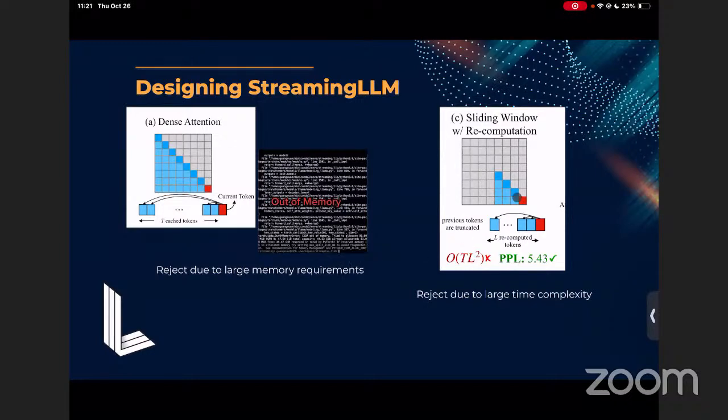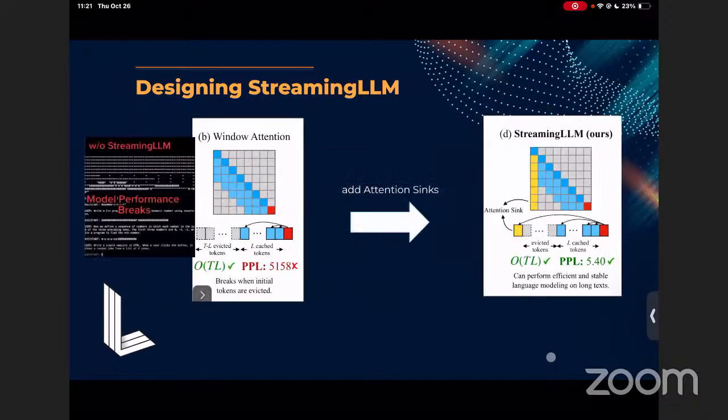And they also rejected the sliding window with recomputation because every time these new caches are recomputed to summarize information from the past, this process takes L squared time complexity, which is unfeasible as inputs lengthen. And so they chose window attention, which has reasonable time complexity.